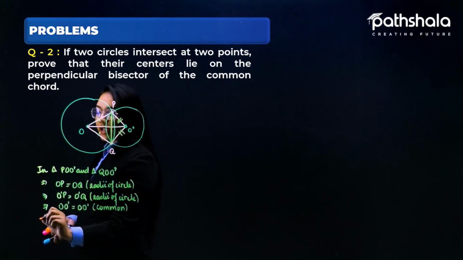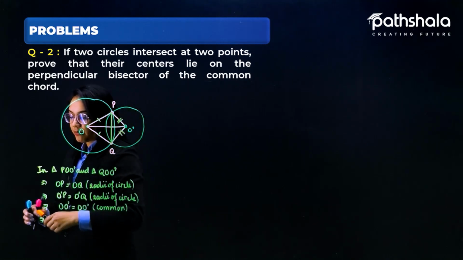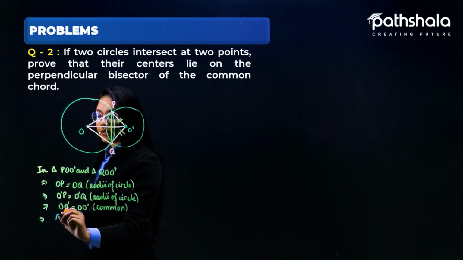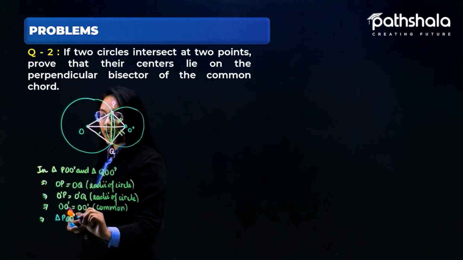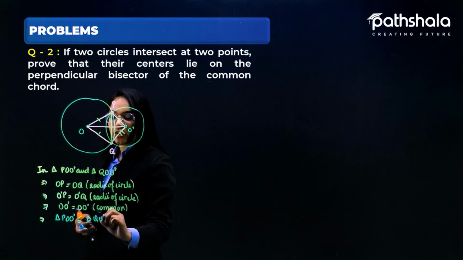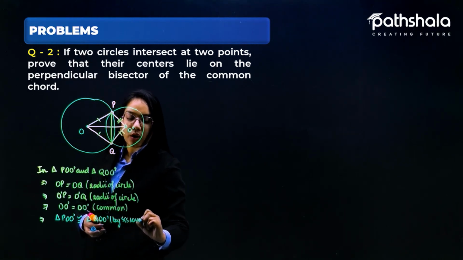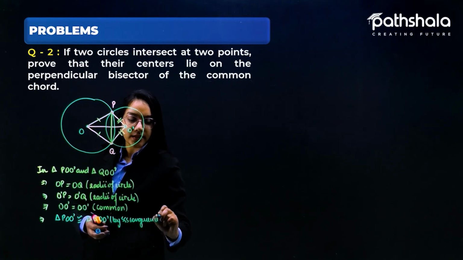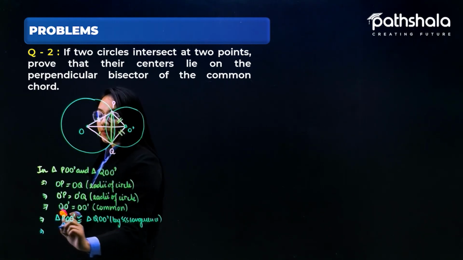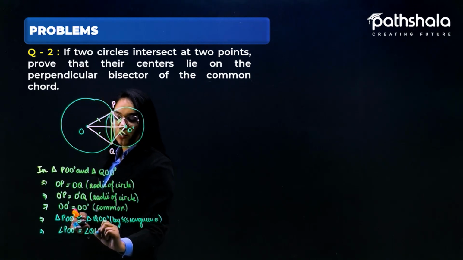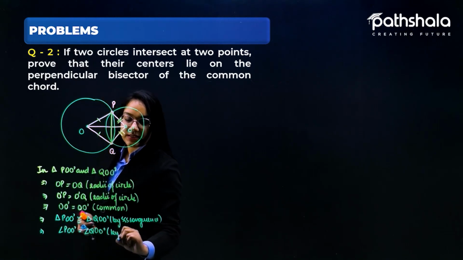Now, what can we say about the two triangles? Since these three sides are equal to each other, triangle POO dash is congruent to triangle QOO dash by SSS congruence criteria, and hence the angle POO dash is equal to the angle QOO dash by CPCT.